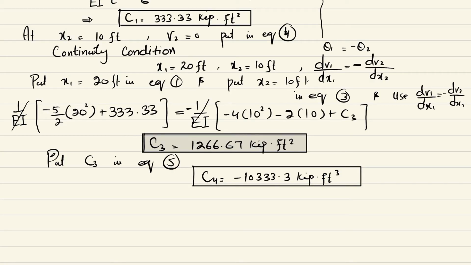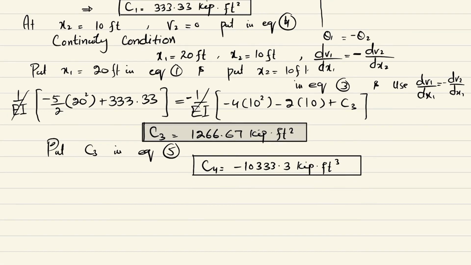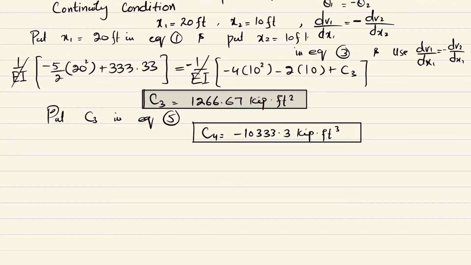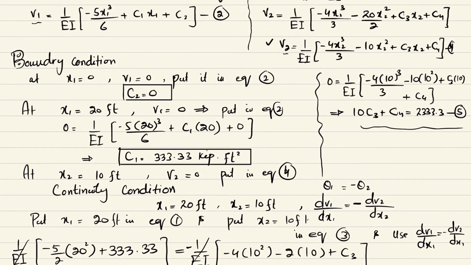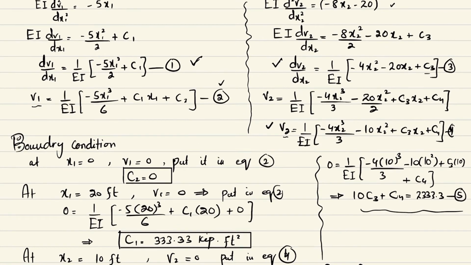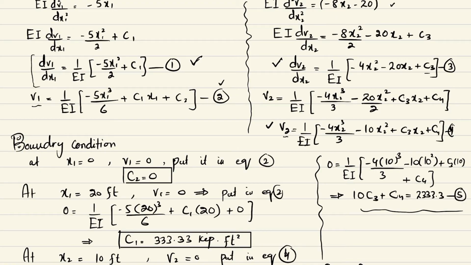Okay, now we have C1, C2 and C3. So put C1 in equation 1, which is the equation of slope due to coordinate x1.